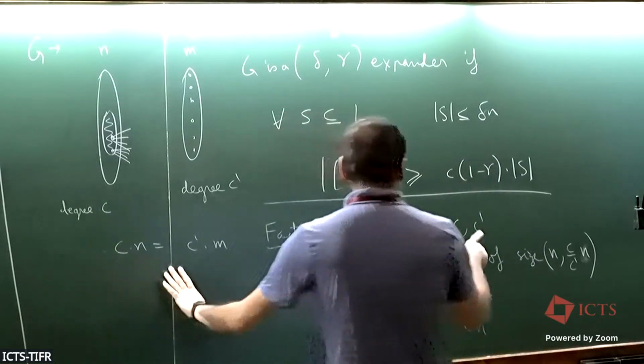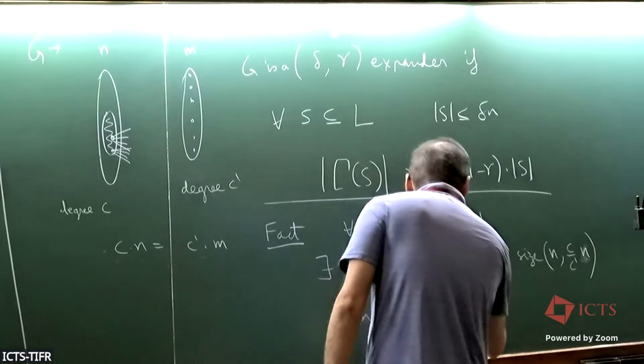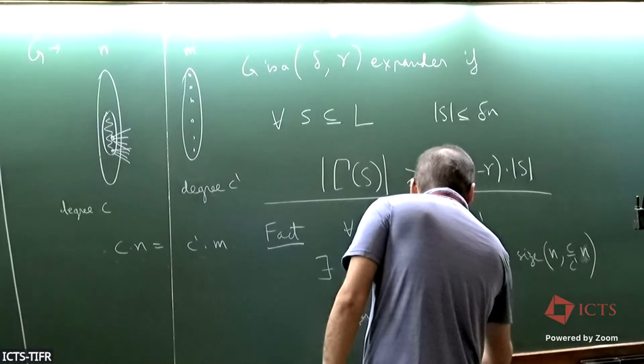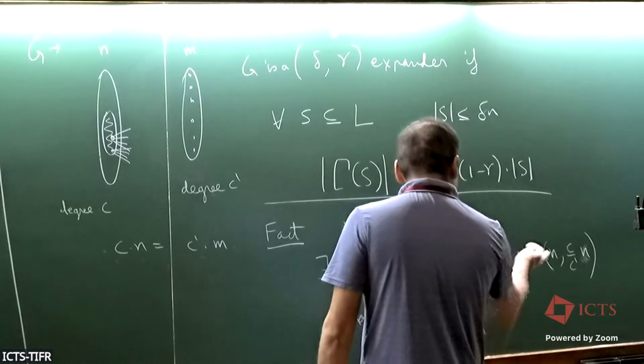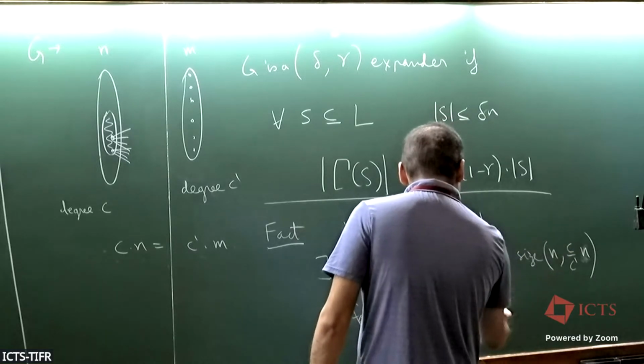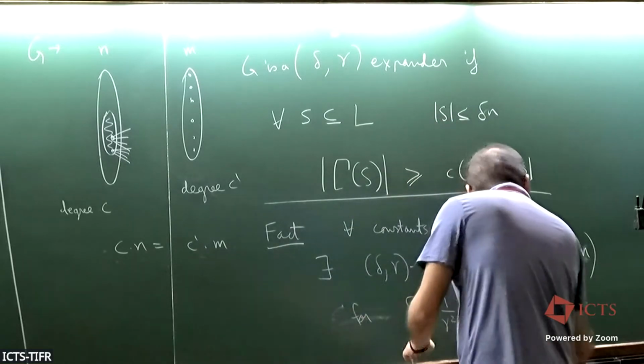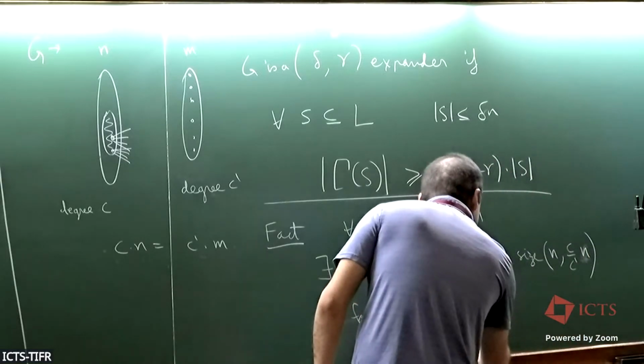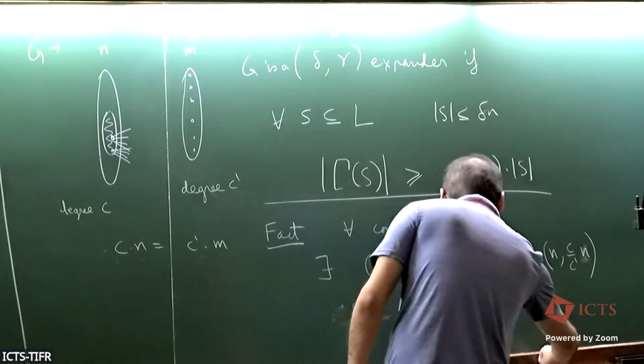That depends on gamma. So 1 over gamma squared, let's say. And M I chose to be C over C prime times n, so it is fine. 1 over C prime.